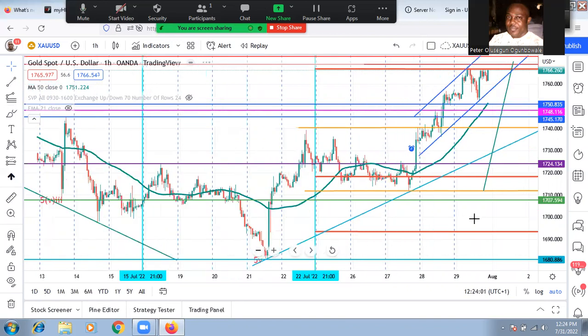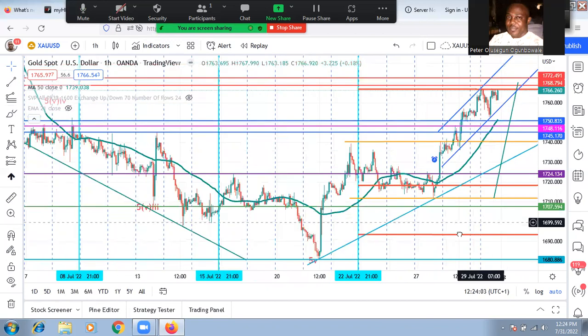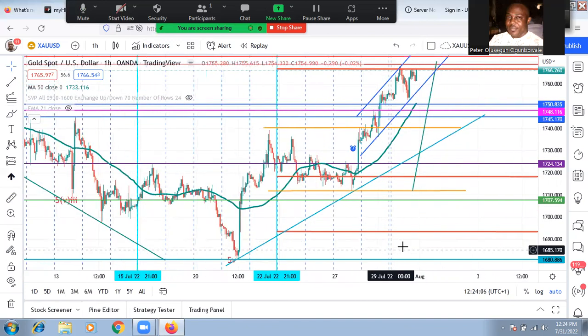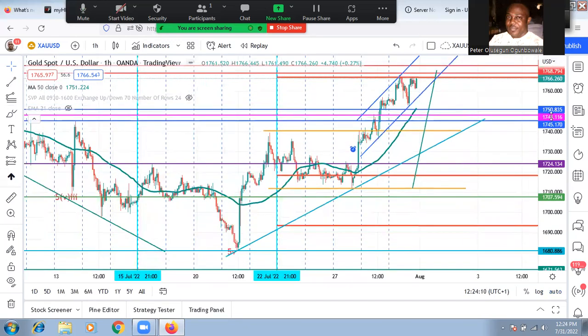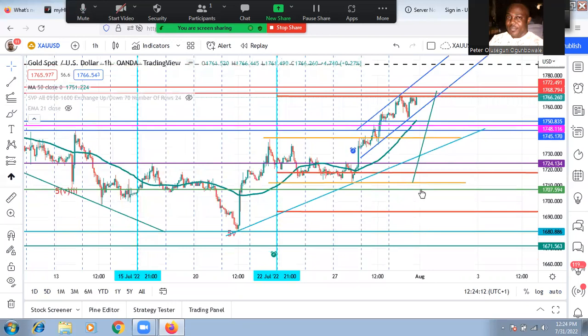The price is still going to make a higher high. From what I can see here, it's going to make a higher high. But the level that the price can go to is what I've just told us.